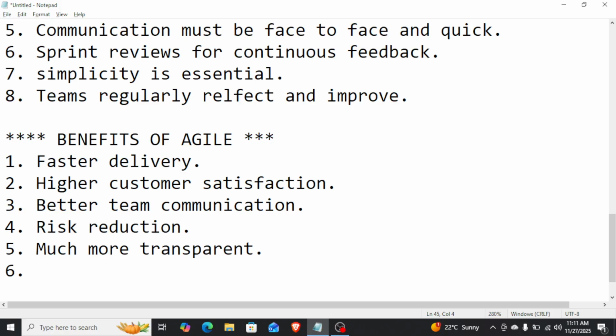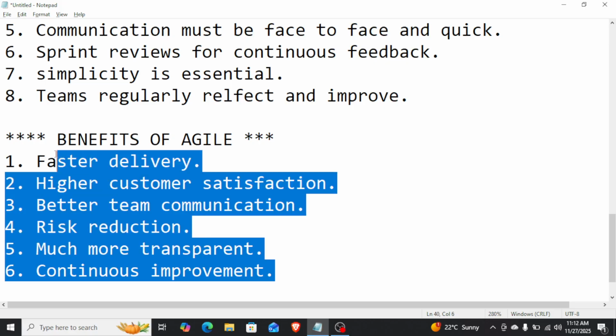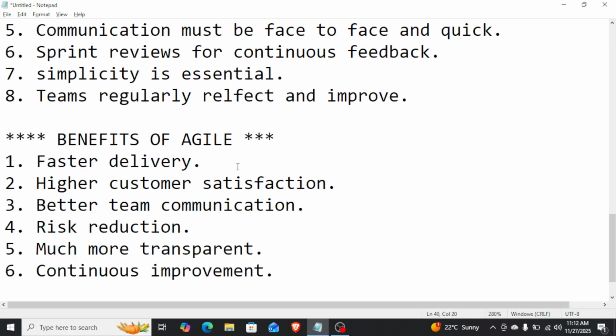Sixth one is continuous improvement. So these are the six benefits of using the Agile software development methodology.